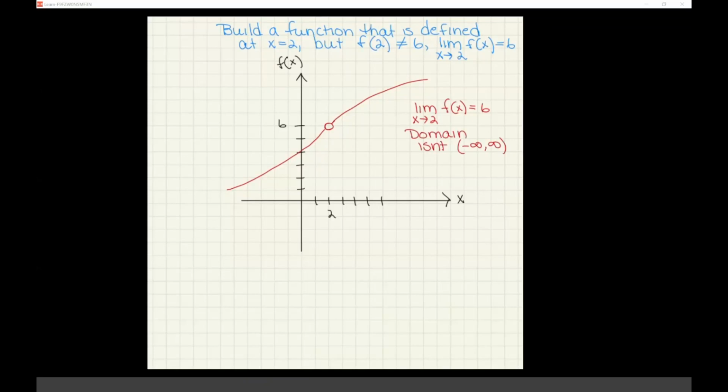Because I've got a hole there. How can you fix this problem? Can anybody come up with a way to fix the problem that 2 is not in the domain?